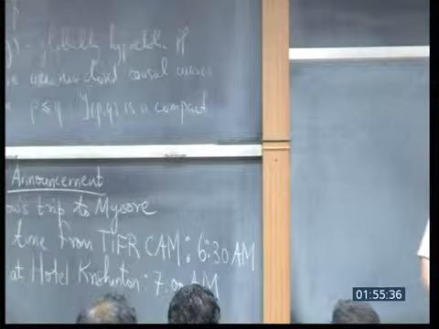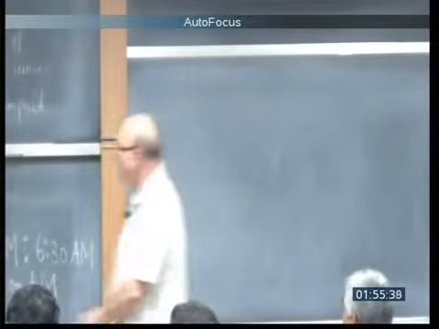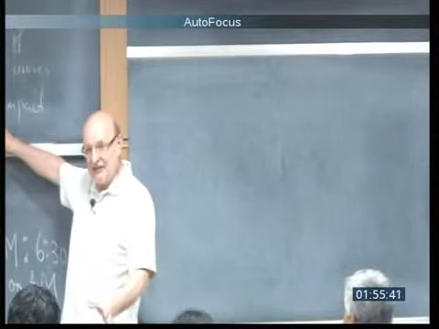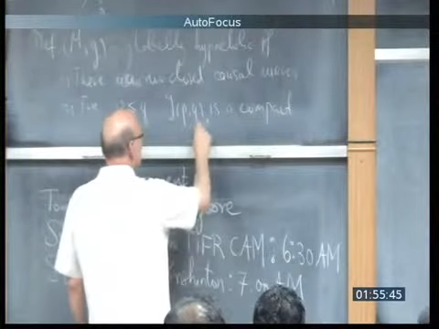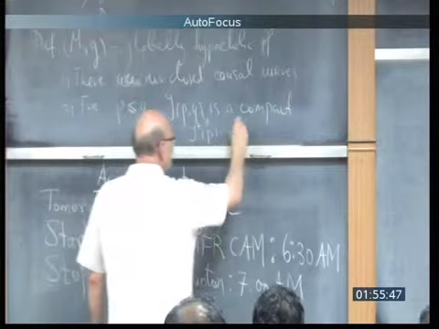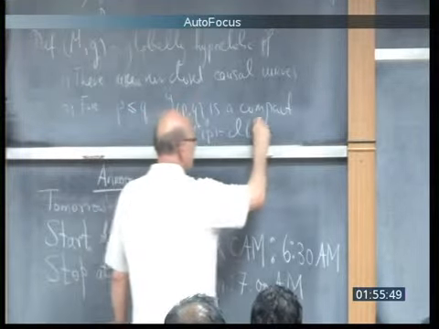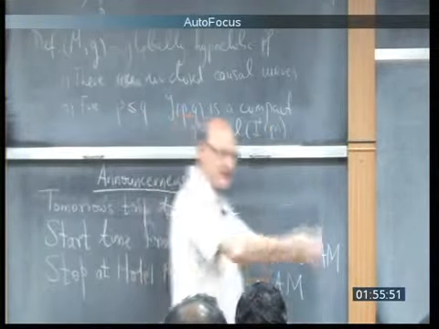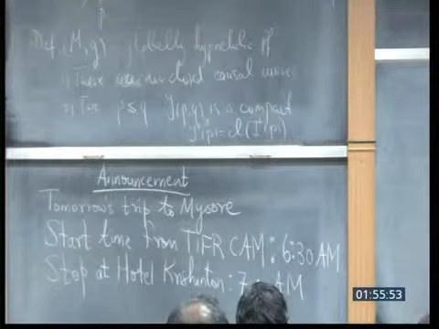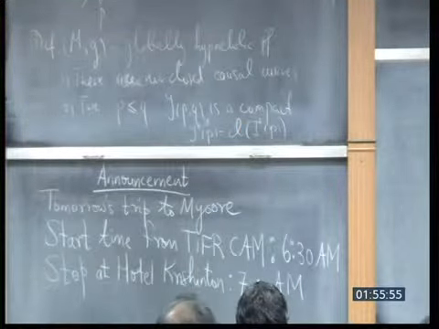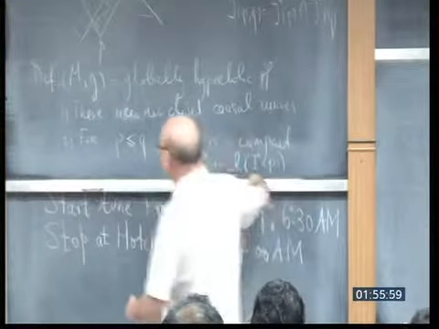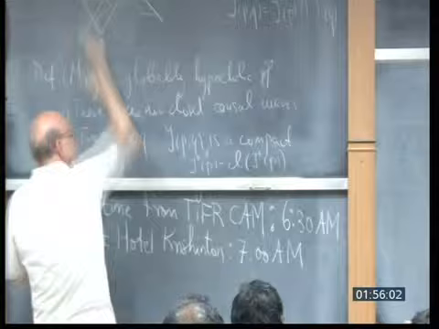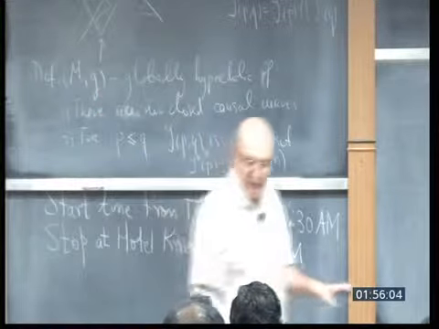You are reborn. And this is a more delicate thing. In particular, this implies that J plus of P is actually the closure of I plus of P. So it's closed, and it's the closure of I plus. In the case where we take away a point, it is excluded. It is no longer globally hyperbolic.